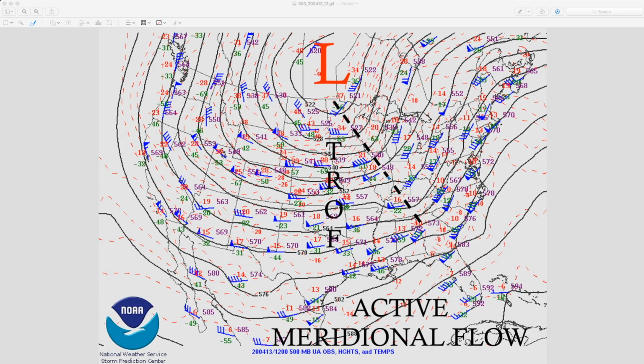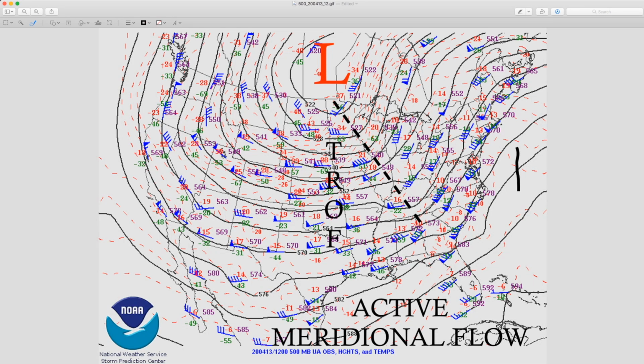Where is our ridge? You can probably quickly see that our ridge is up here somewhere. And then you would write RDJ.